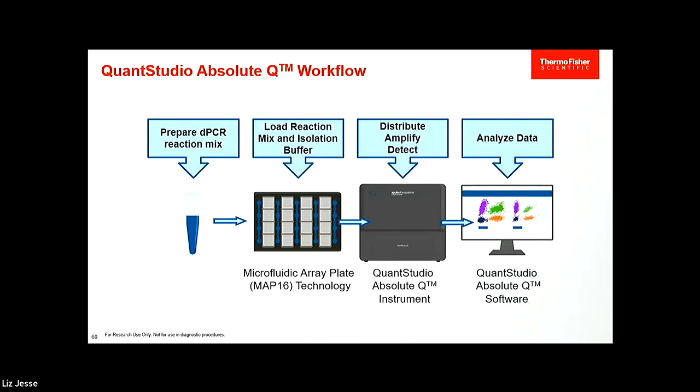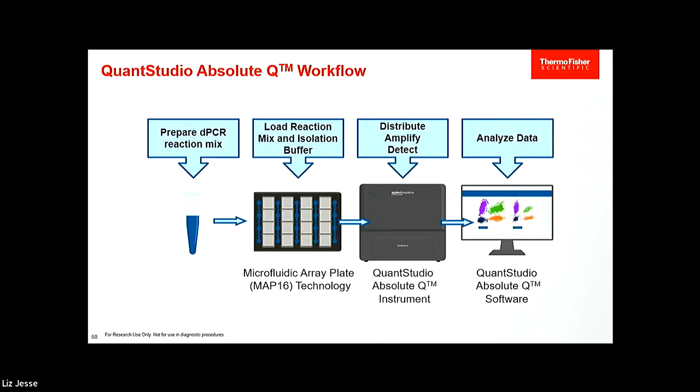It really is that simple. There's no special finicky preparations of any sort. Our master mix, just so you know, qPCR master mix is 2x, takes up half the volume. The digital PCR master mix is actually a 5x. The reason we do that is so you can put just a little bit of material in there, but it leaves all the rest of the room for your sample. If you have an extremely low concentration of target that you're looking for, you want to load as much sample as you possibly can.